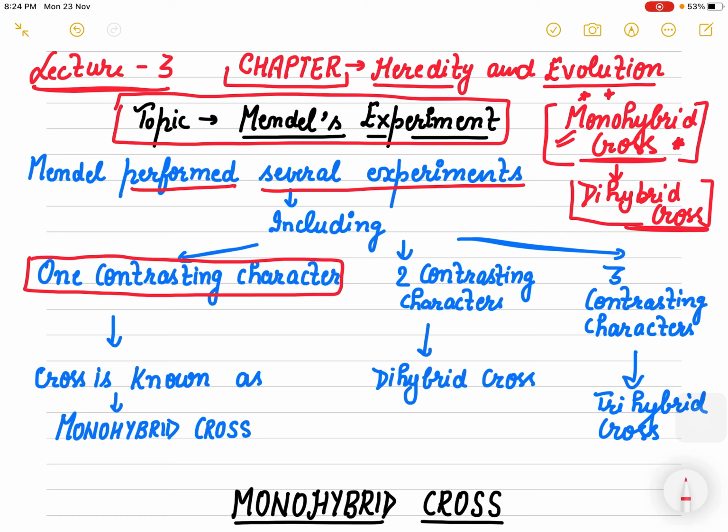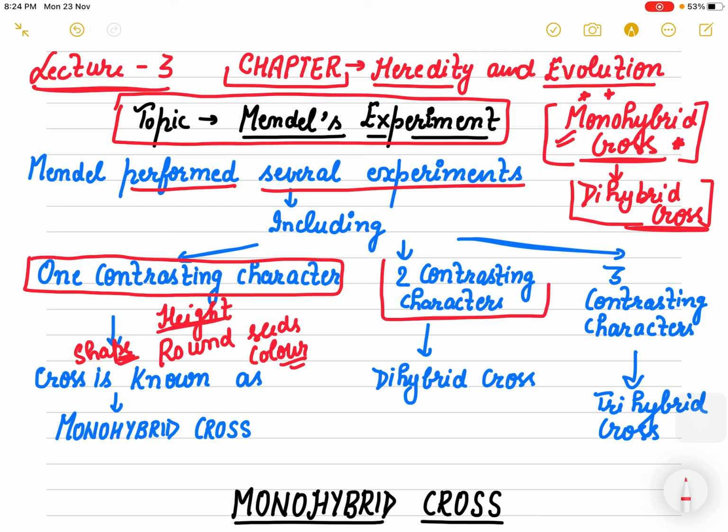One contrasting character is like, suppose we are studying only the height of the plant, or the round seeds or the wrinkled seeds of a plant, right? Or that is the shape, right? We are studying only one character, either height or shape, or the color of the seeds. That is only one character.